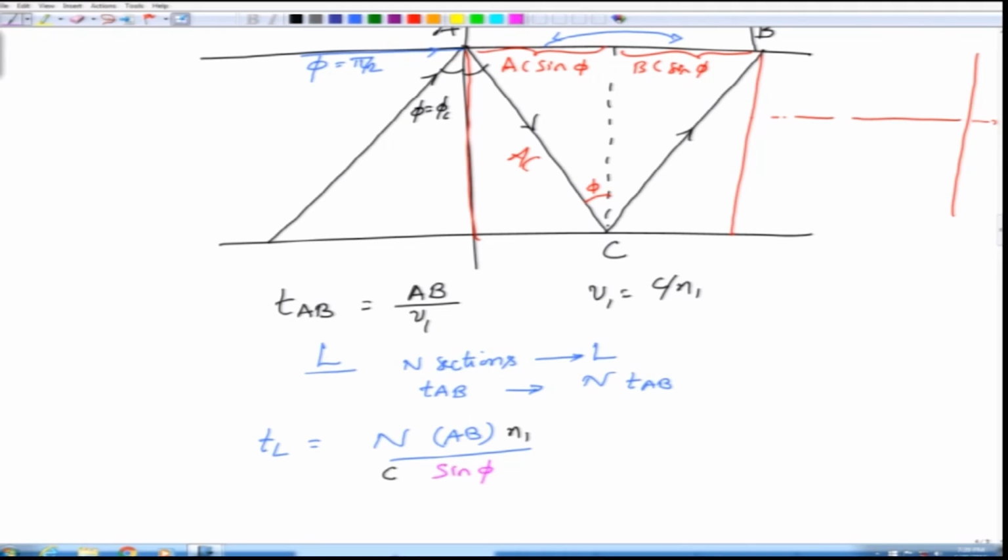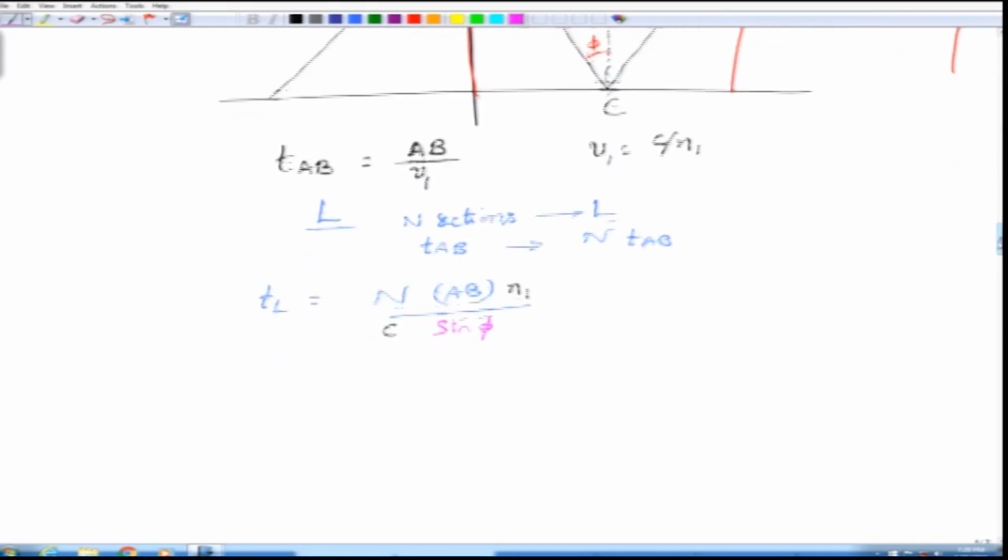Okay. So, the distance AB is given by AC sin phi plus BC sin phi. By symmetry, this is equal to 2 AC sin phi, and this would be the unit cell distance that you are looking at.